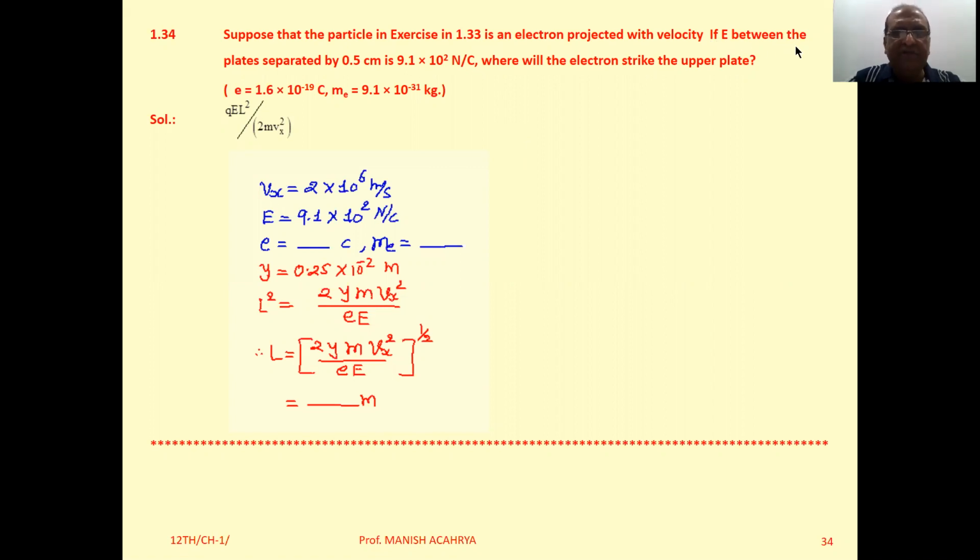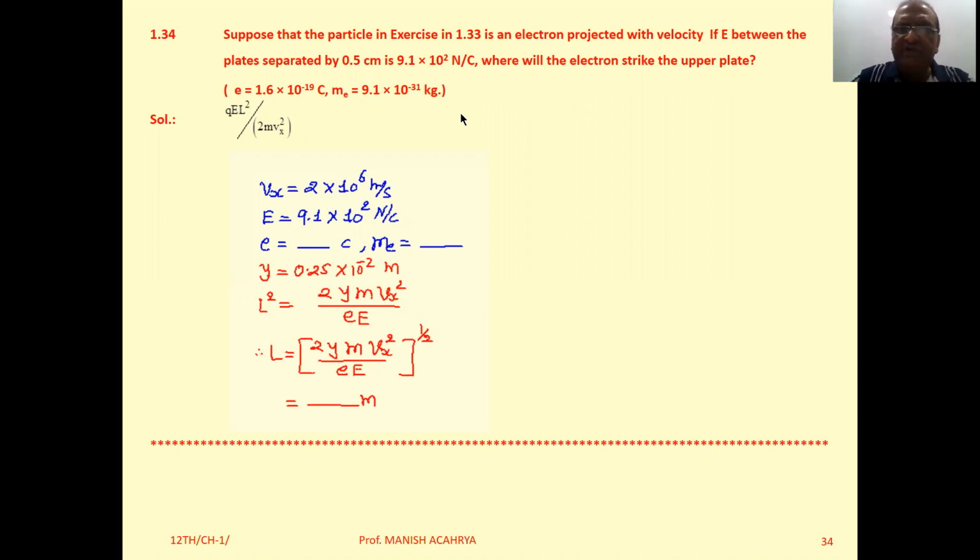If E between the plates separated by 0.5 centimeter is 9.1 into 10 raised to 2 Newton per coulomb, where will the electron strike the upper plate? Take charge of electron 1.6 into 10 raised to minus 19 coulomb and mass of electron, that is 9.1 into 10 raised to minus 31 kilogram.